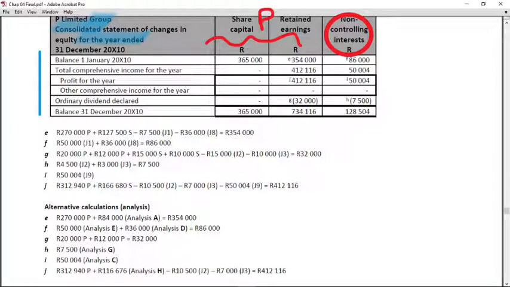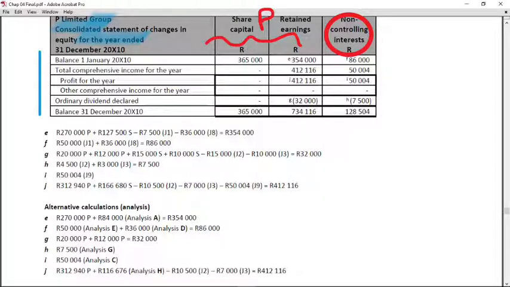So I want you to keep that in mind when you calculate these amounts. Everything that we have attributed to non-controlling interests moves to their own column. What you are left with of the subsidiary, together with that of the parent, is what's left in the other columns representing equity attributable to the owners of the parent.